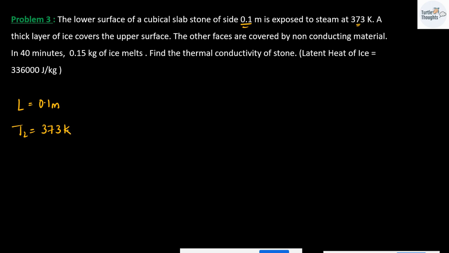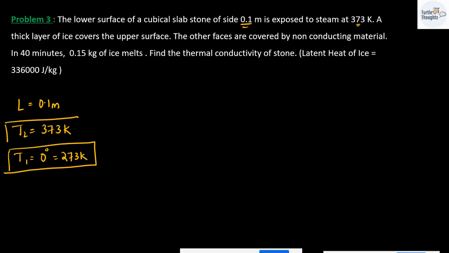What is going to be T1? T1 is going to be ice. What is the temperature of ice? It is going to be 0 degree, which is going to be 273 Kelvin. I have got T1, I have got T2, L they have already given in the question.